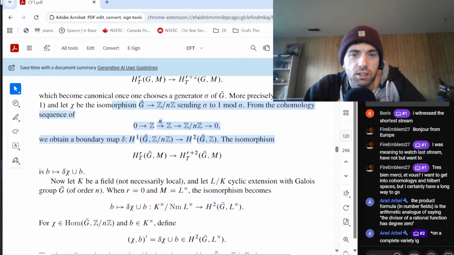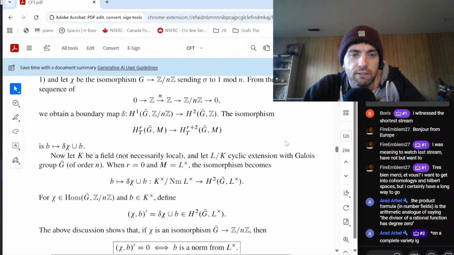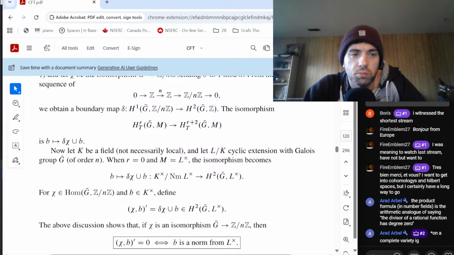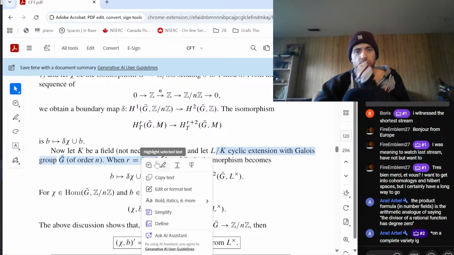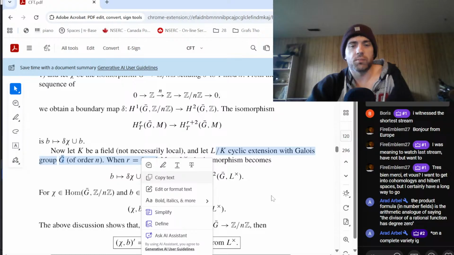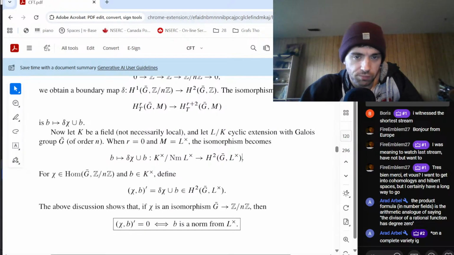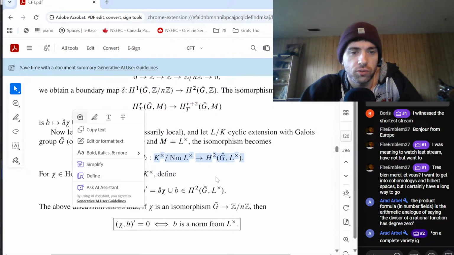And then our isomorphism should be given by delta chi cup product B. Now, K can be any field, and this can be a cyclic Galois extension of order n. In the r equals 0 case, we just get this isomorphism.